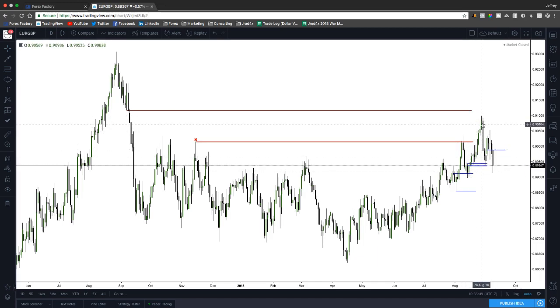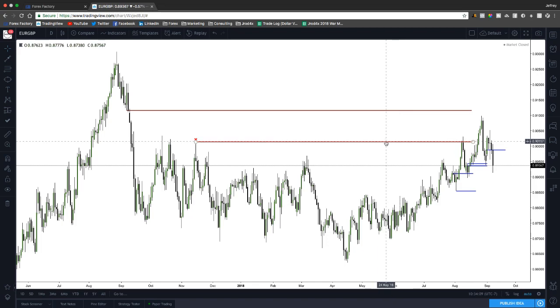So since we broke out of the consolidation with a bullish trend, we've seen a lot more strength in Euro dollar versus GBP USD. Now that we're back in a consolidation again, I think Euro USD and GBP USD will both be able to either move lower in sync with the dollar index moving higher, or move higher in sync with the dollar index moving lower.